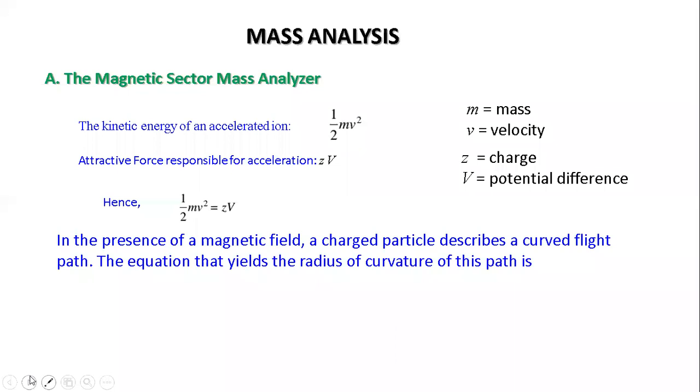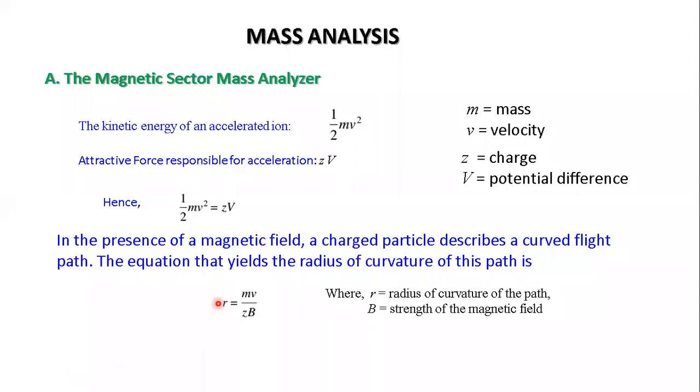So if r is the radius of curvature of the path of the moving charged particle or charged ion, then r can be represented as r equals mv by zB, where B is the applied magnetic field strength, r is the radius of curvature, m is the mass and v is the velocity.